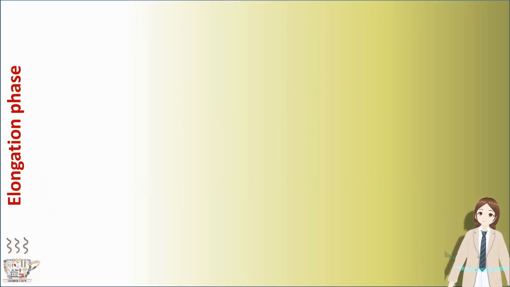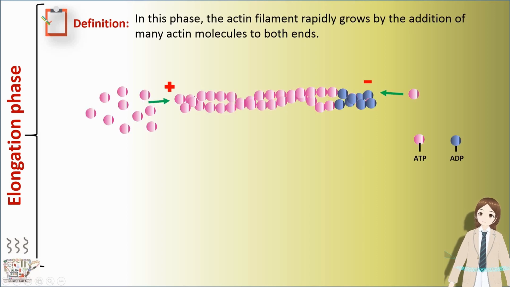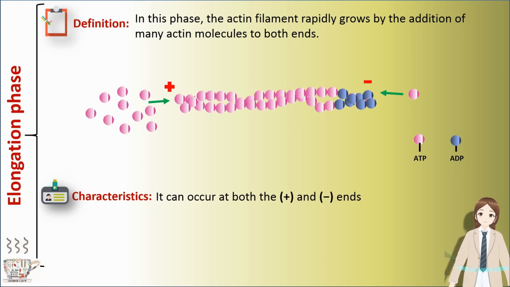Elongation phase. In this phase, the actin filament rapidly grows by the addition of many actin molecules to both ends. It can occur at both the plus and minus ends.